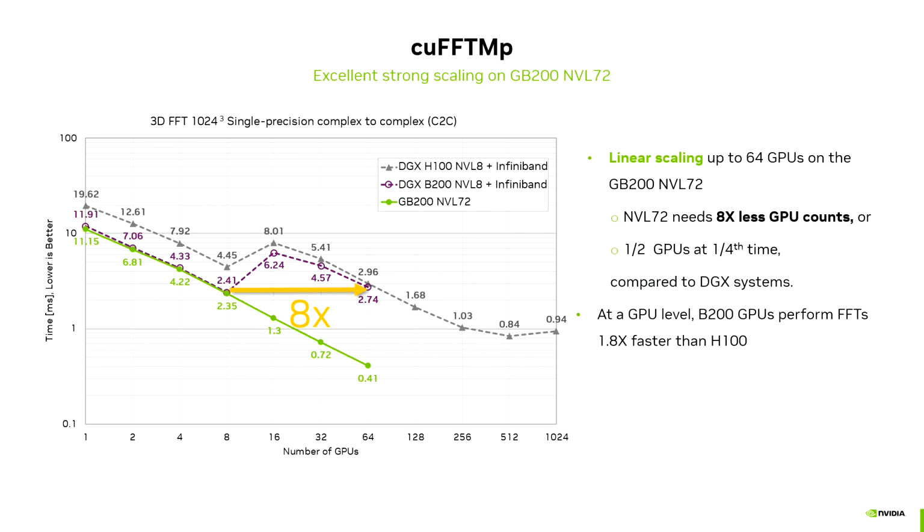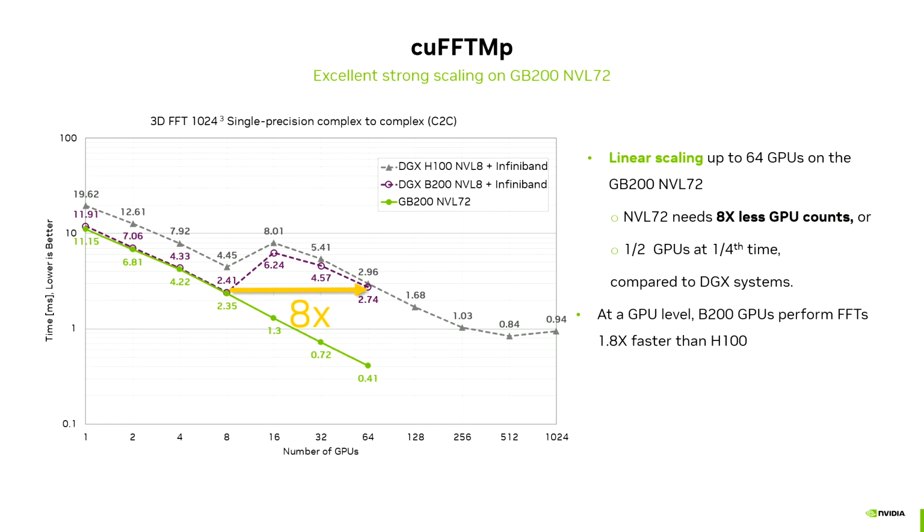Therefore, the initial response, as you can see, is very similar. And then again, at the 8 GPU point, you see the inflection point, and then the two curves start getting very close to each other because now everything is controlled mainly by InfiniBand bandwidth.